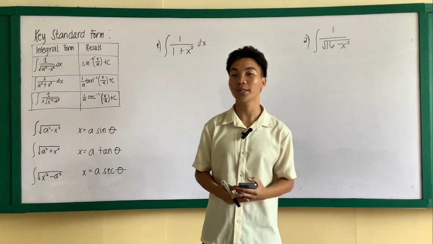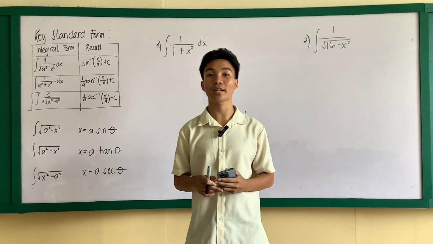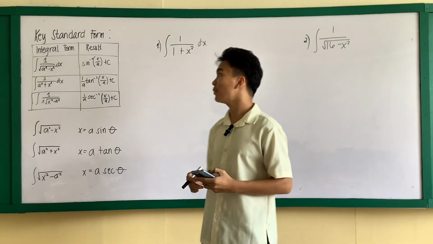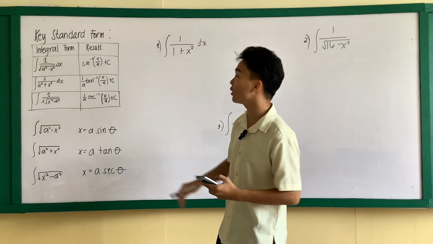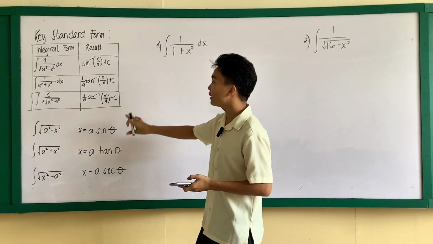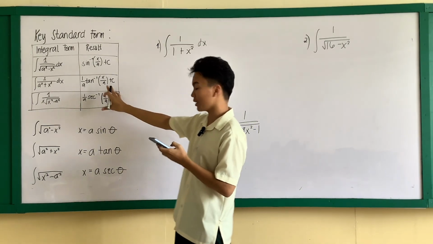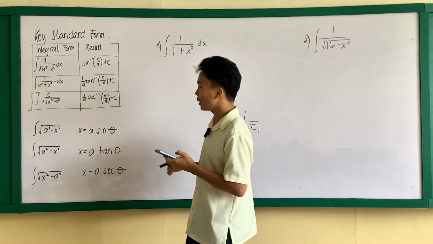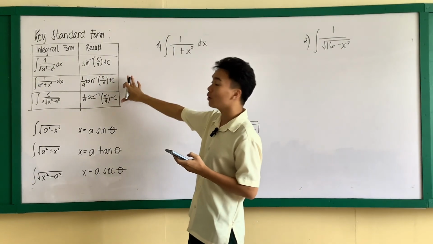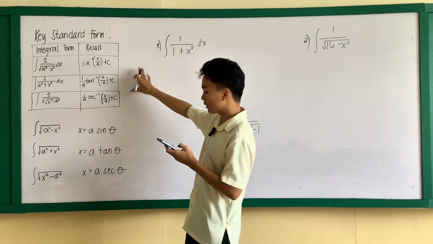So now we are in our third topic, which is the inverse trigonometric integrals. So inverse trigonometric integrals arise when we have forms like this. These forms often require substitution to match one of these standard inverse trigo integrals, but not all integrals fit these forms directly.